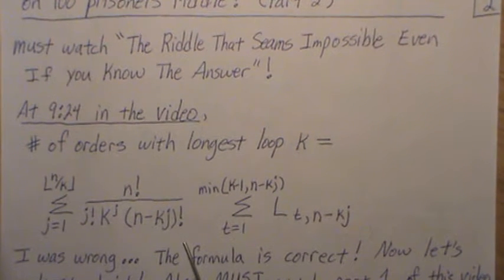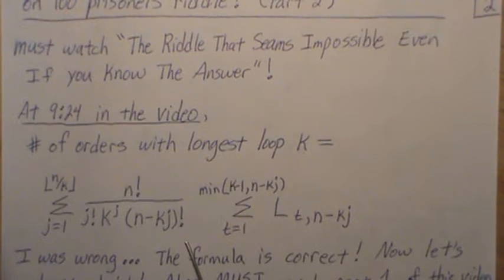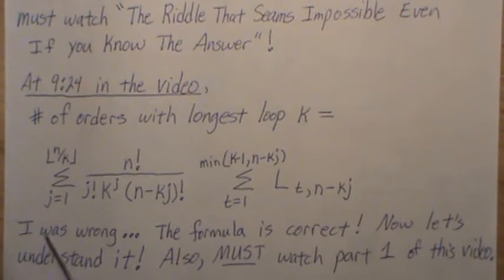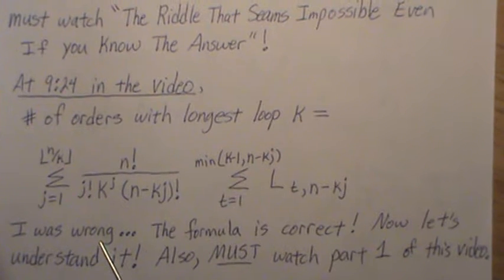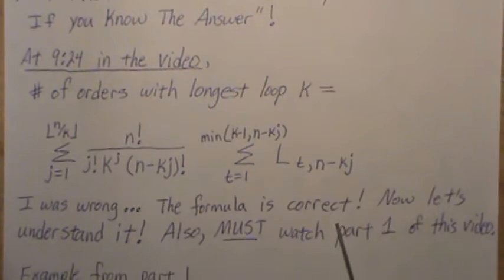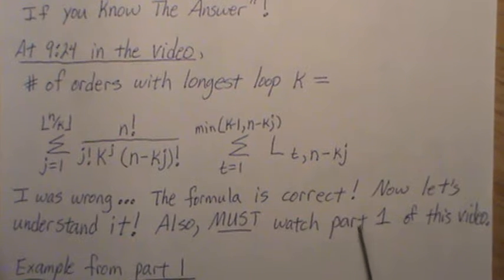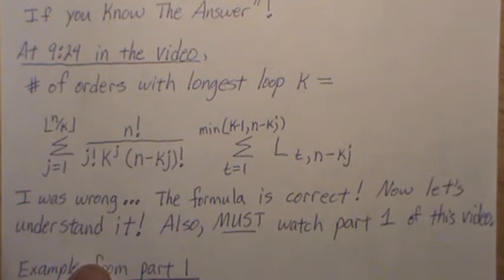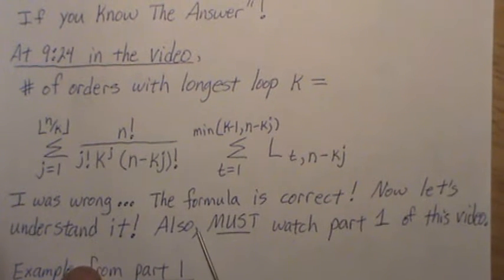And it just dawned on me tonight after work what this is even saying. So in short, my guess was wrong. I was wrong. The formula is correct. And now let's understand it. So that's the goal of this video, to understand this formula that Derek flashed in his video.